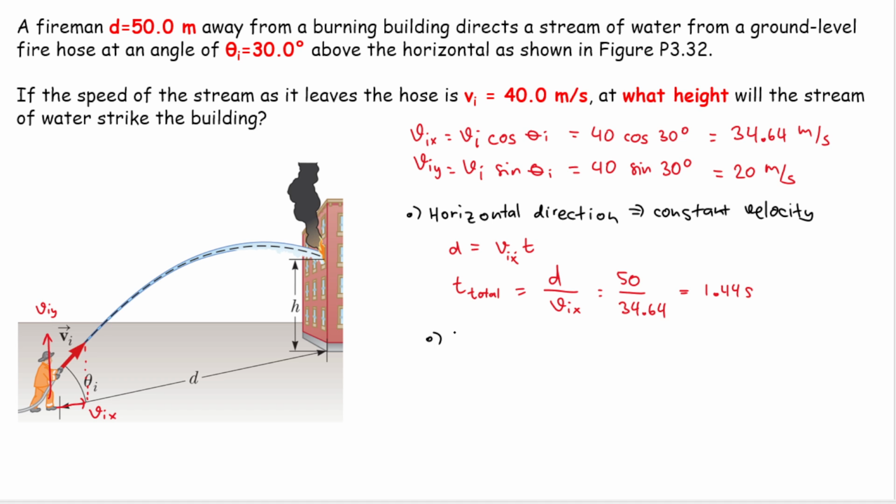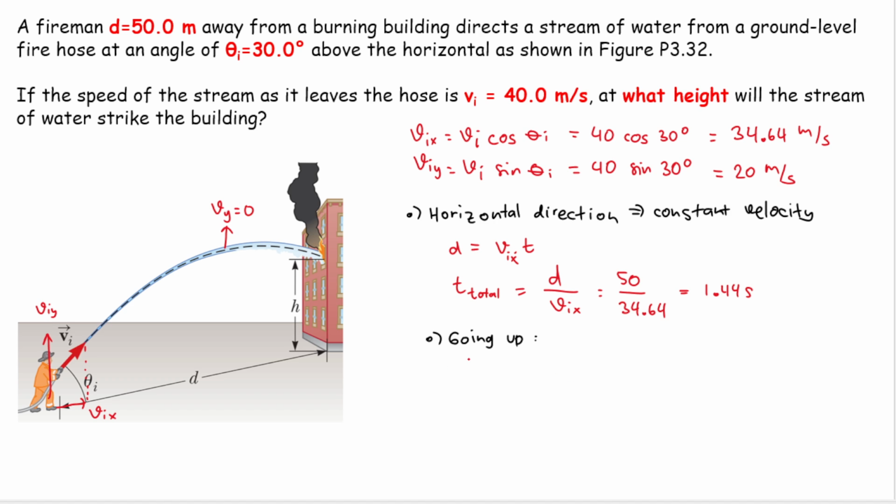Remember, if we have some peak here at the maximum height, we will have Vy equal to 0. And we can also use kinematics to calculate the time from the hose until the maximum height.